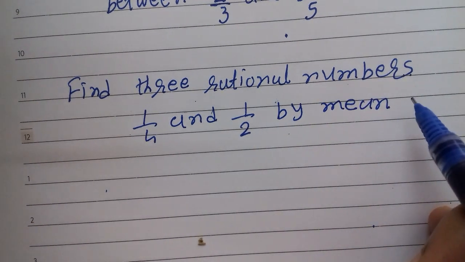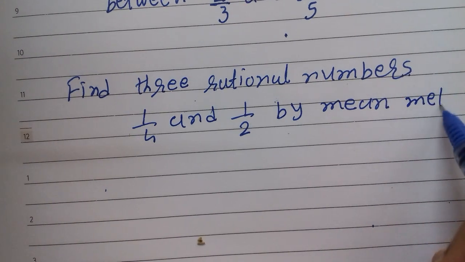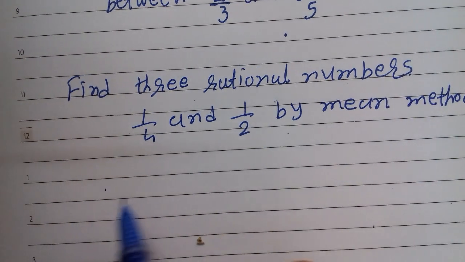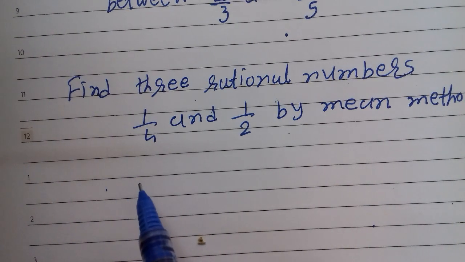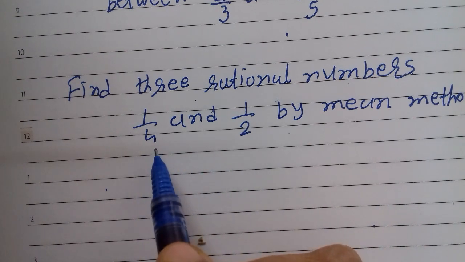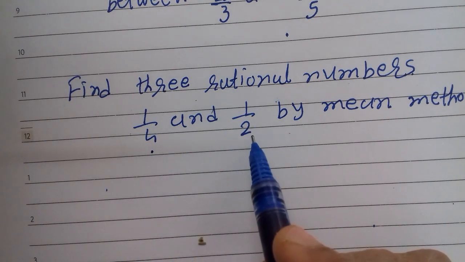This new method is called the mean method. In this method, we find the mean of the given rational numbers. That is, we will find the mean of 1/4 and 1/2.